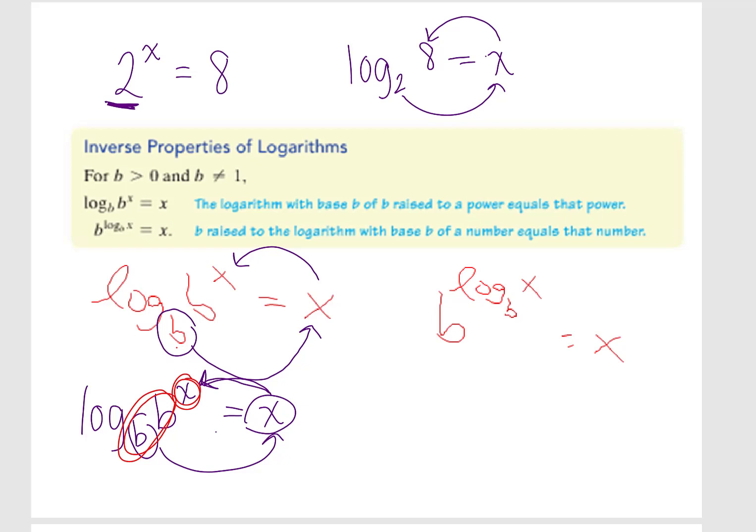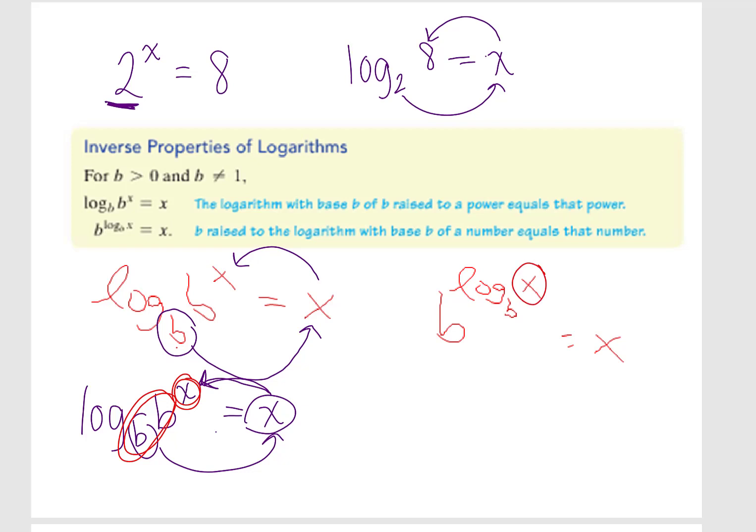So on the right side, we have an exponential form, but there's a logarithm in the exponent, right? So if b is raised to the logarithm with the same base, then the number equals this number right here.